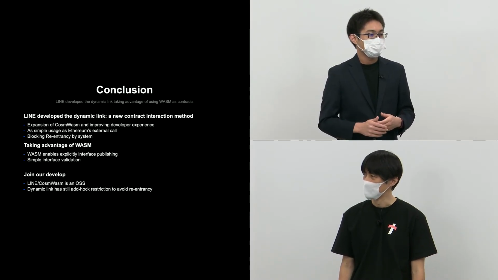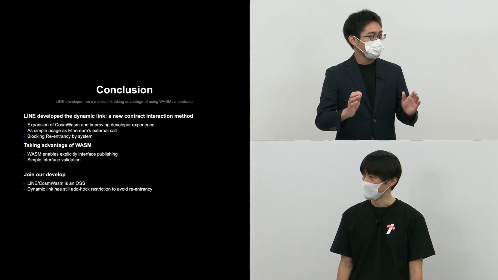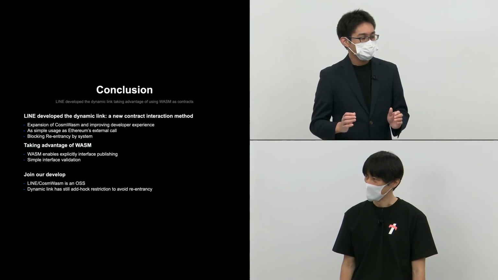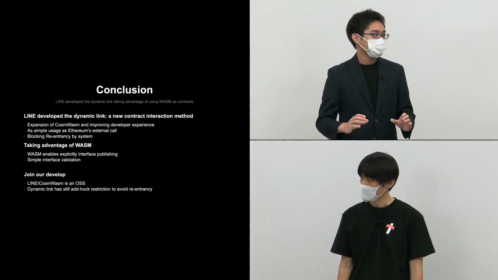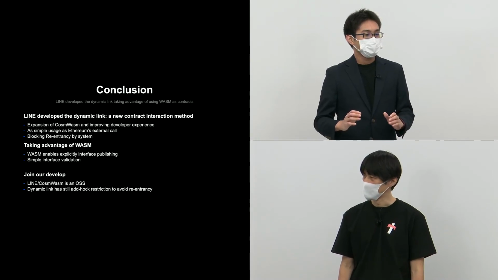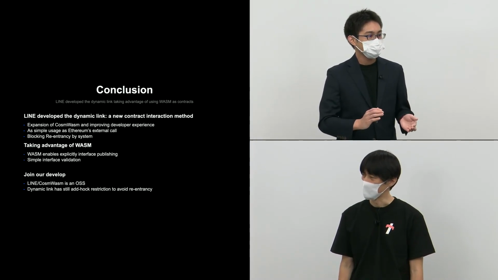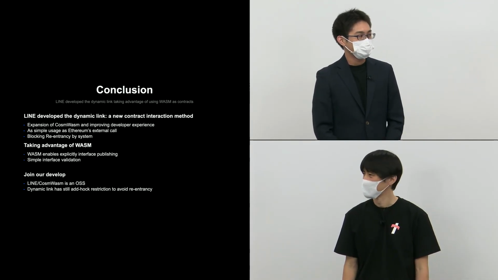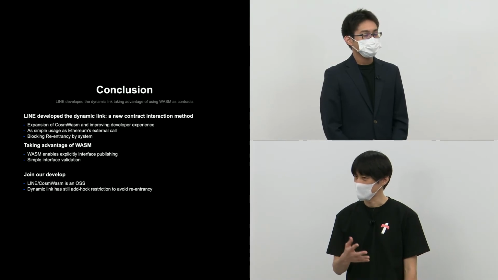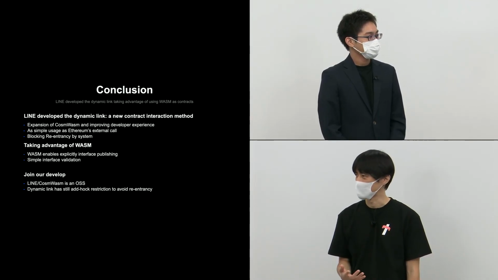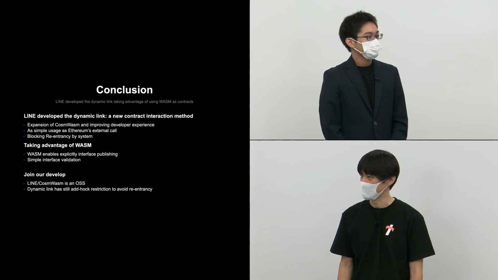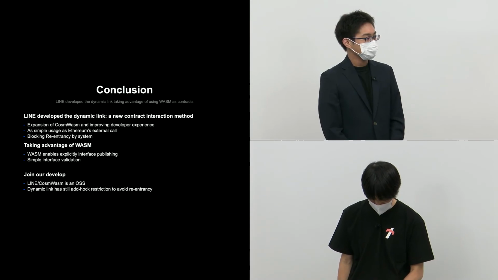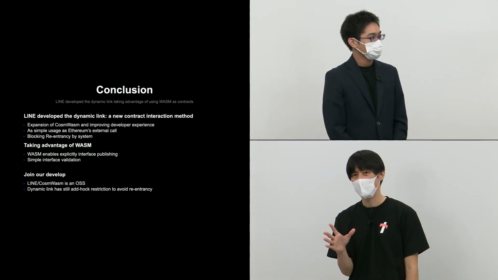So as to distinguish between the two, if you want to communicate with other modules, then you have to use the sub-messaging. However, if it's a communication between the contracts, interaction among the contracts, then the dynamic link would be most ideal. So from the user's perspective, there are more options, and this can be implemented well if you can use it differently.